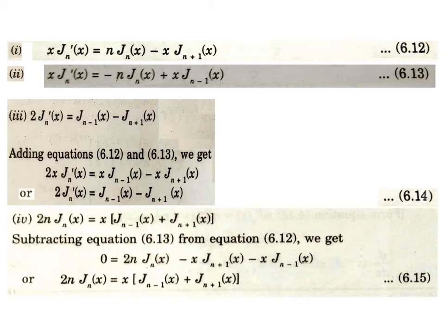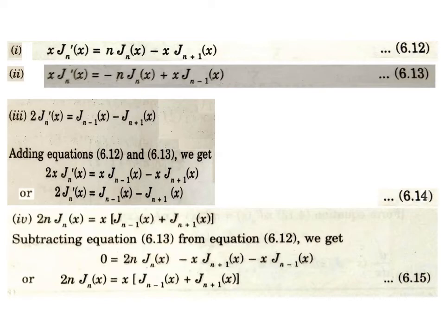And if the fourth recurrence relation is to be derived in the examination, what will you do? Again you will derive the first and second recurrence relations, then subtract the second from the first, and you will immediately get the fourth recurrence relation. So that is about the first and second recurrence relations. Using them, the third and fourth are easily derived.